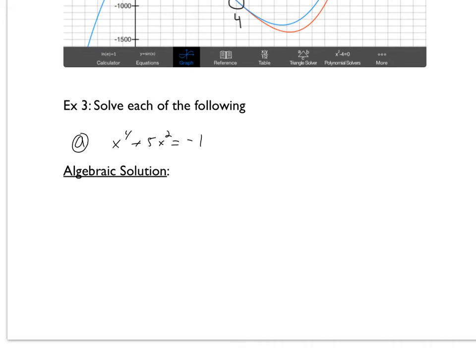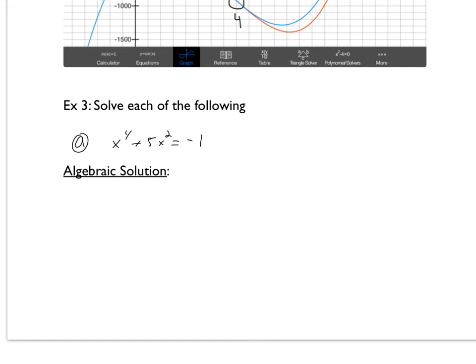Okay, let's look at this next example. So we have x to the power of 4 plus 5x squared is equal to -1. So again, we want to maybe solve it algebraically and then look at it graphically. If I am going to use the factor theorem, I'm going to try to find a number that will make this whole thing equal 0.